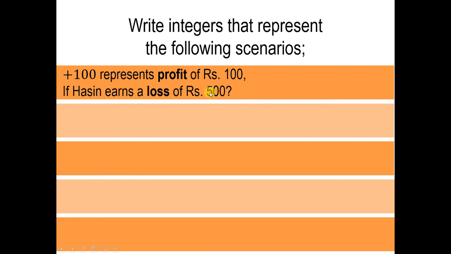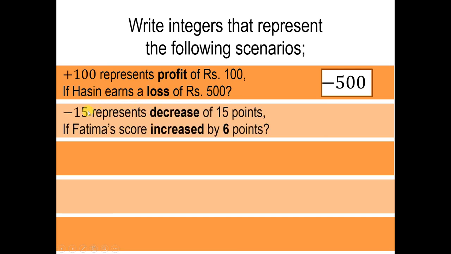Loss of rupees 500. We have understood here that the positive number is representing profits, so to represent a loss we have to use a negative number because it is the opposite of profit. So we will write negative 500 because there is a loss of 500.